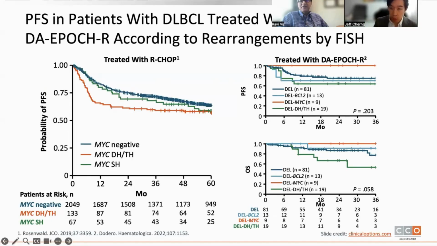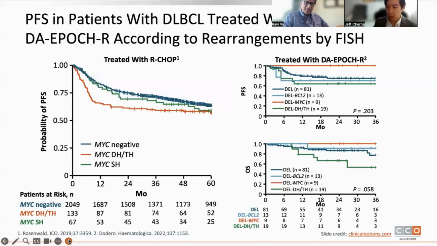So for most comers, at least in terms of prospective evidence, there has never been a trial that's demonstrated any benefits of dose-adjusted R-EPOCH over R-CHOP alone, most notably with the CALGB 50303, I think, study that looked at R-CHOP versus R-EPOCH for all comers with newly diagnosed DLBCL, or most. I believe that they didn't include very low risk patients, and they found that there was no difference in outcomes there.